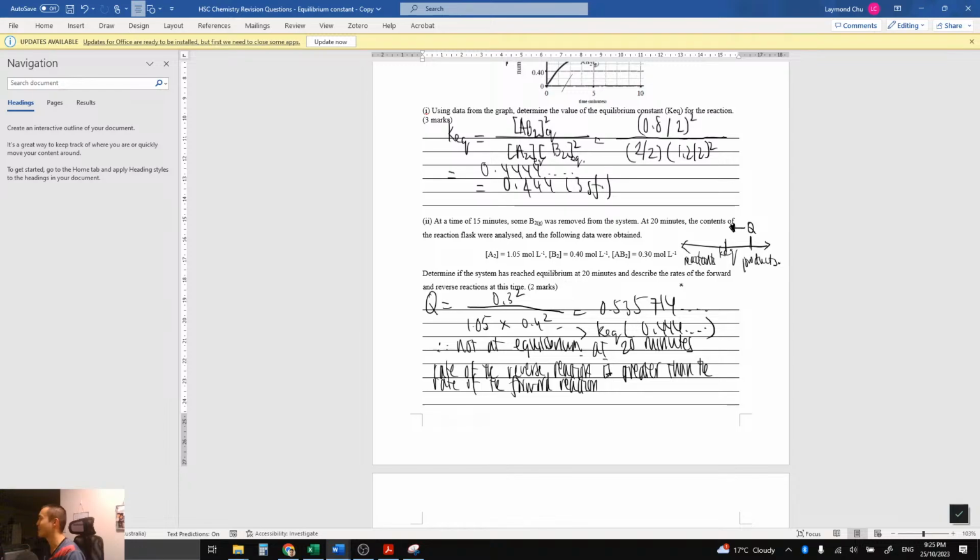There is, but there's smaller amounts of the forward reaction occurring than the reverse. Okay, so the rate of the reverse is greater than the rate of the forward. You can then mention something along the lines of producing more reactants in order to achieve equilibrium.